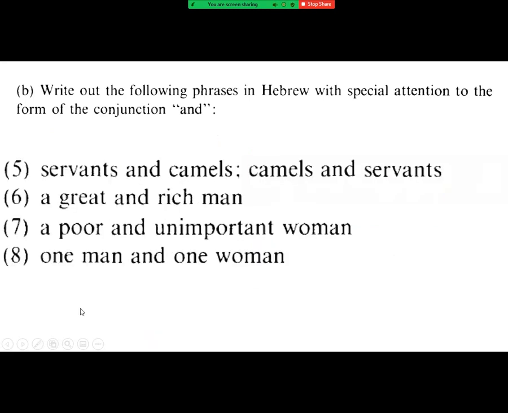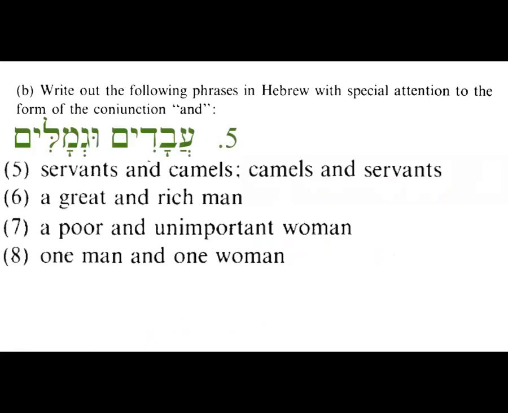Okay, for servants and camels, the word for servant was avodim, and camels are going to be gamalim. And since gamalim starts with a shva, you put the u in front of that. So avodim u gamalim.